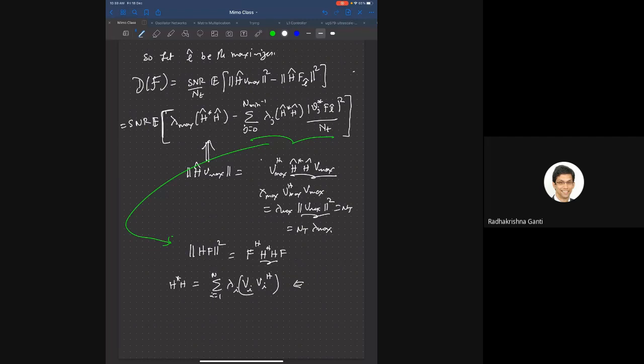Now you put F in that. So essentially F Hermitian H Hermitian H F would be equal to sigma i equal to 1 to n lambda i F Hermitian Vi Vi Hermitian F. So if you look at this, this term is nothing but the norm of Vi Hermitian F squared.